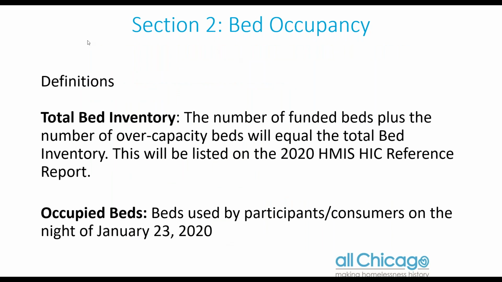So moving on to bed occupancy, it's very similar. Like I said, the math for both of these sections is the same. So again, you will reference that total bed inventory from the 2020 HMIS HIC report, and then you will report how many beds were occupied by folks the night of the 23rd.